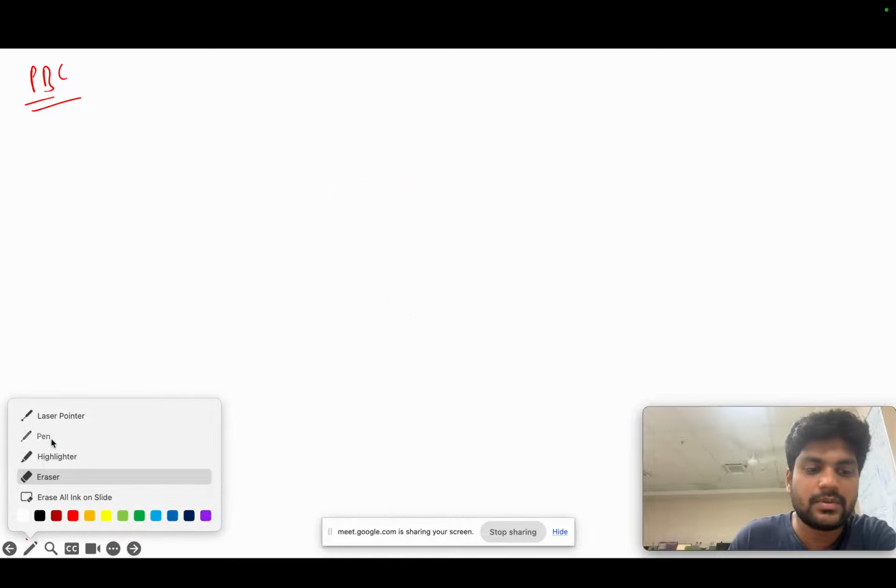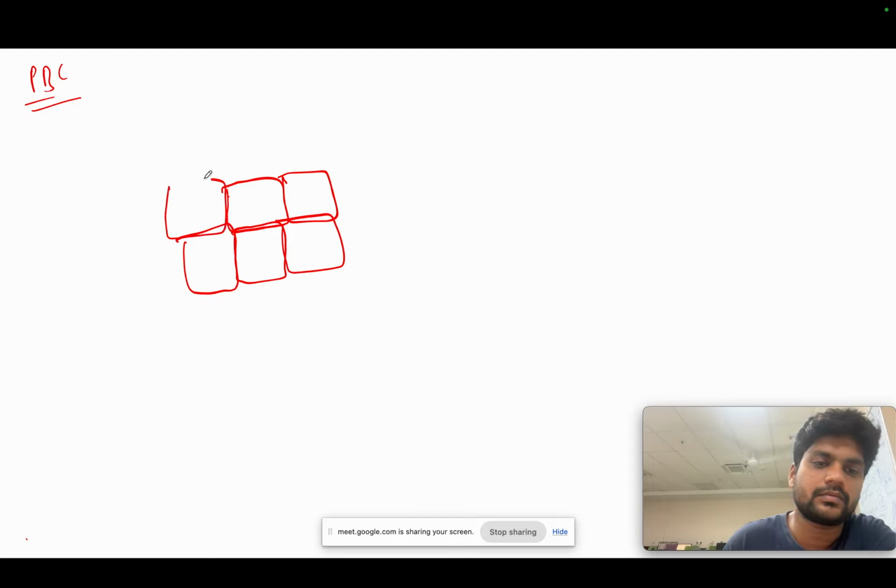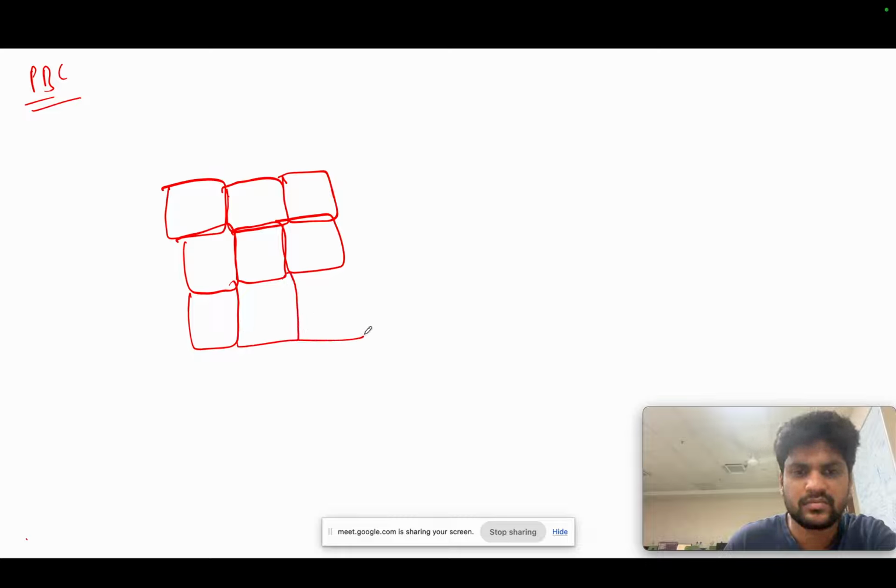Just understand this concept: this is our main box, and we are expanding it in three dimensions, so it becomes like a cube.